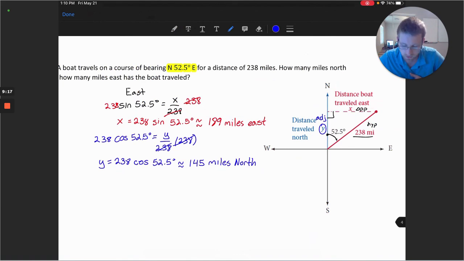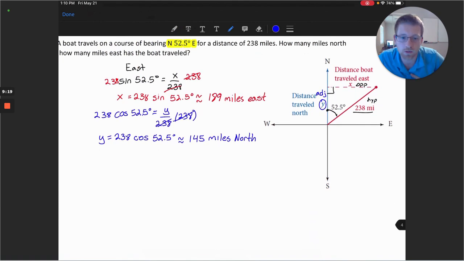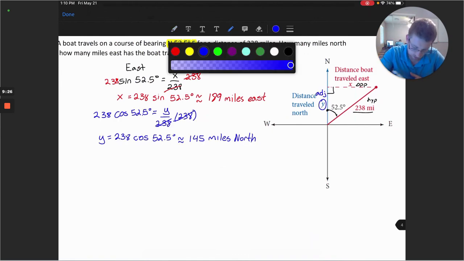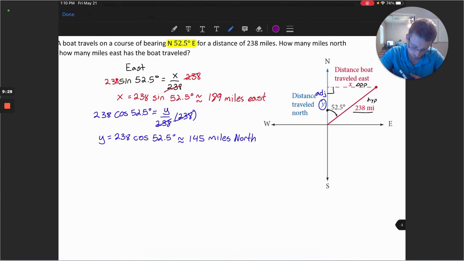Now, let's practice writing another angle on this board and naming it. If I was to write an angle here, maybe in the southwest direction, and we'll call this 25 degrees, and we'll give it 108 miles.